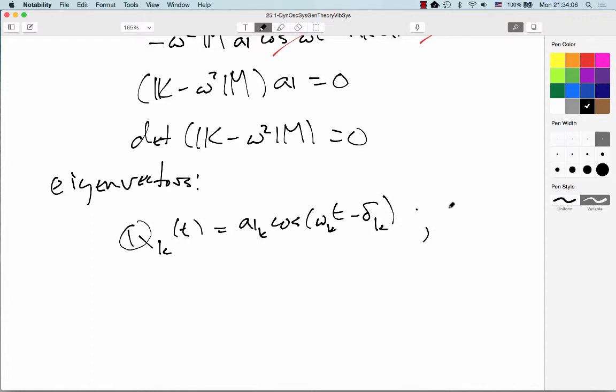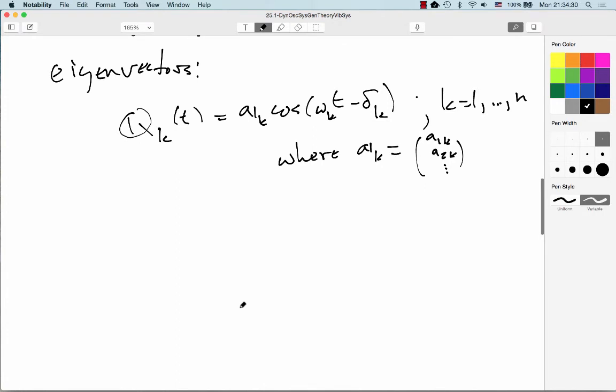So we're running again k equals 1 to n, and our ak's are column vectors of a1k, a2k, and so forth all the way down.